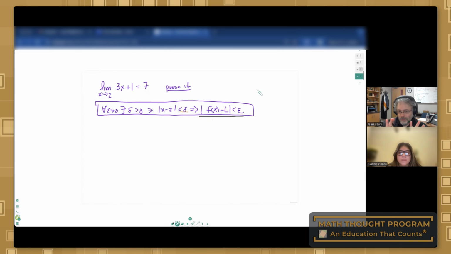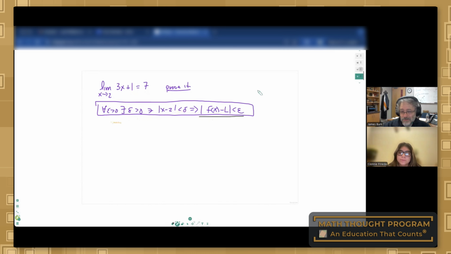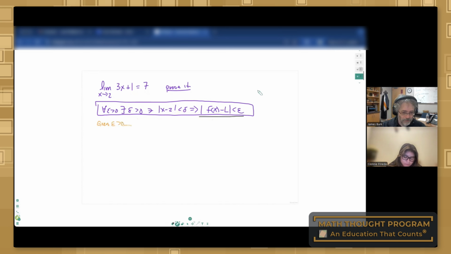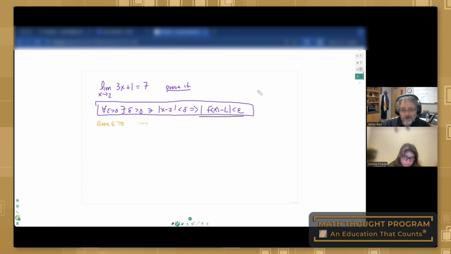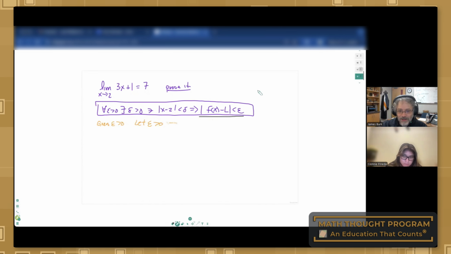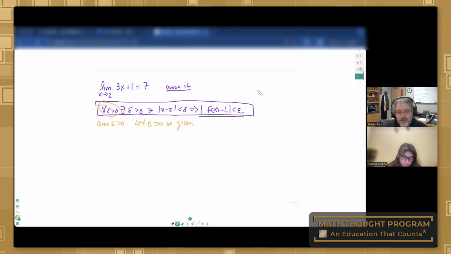Whenever you're looking at these kinds of situations, you want to do a little bit of reverse engineering. A lot of times the proofs are going to start off by saying you're given epsilon greater than 0, or you might preface it and say, let epsilon be greater than 0 be given. It doesn't really matter how you state it. Just make sure that epsilon is an arbitrary universal statement. That's the key.